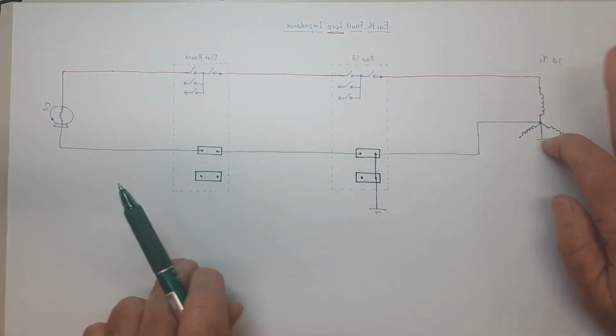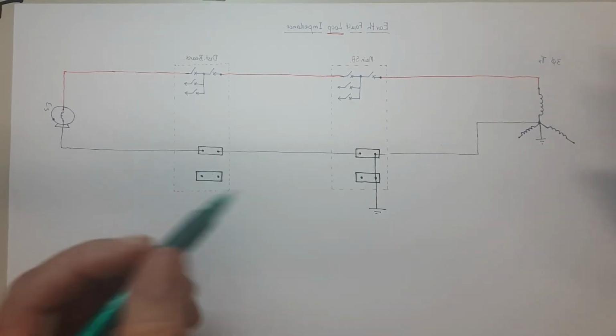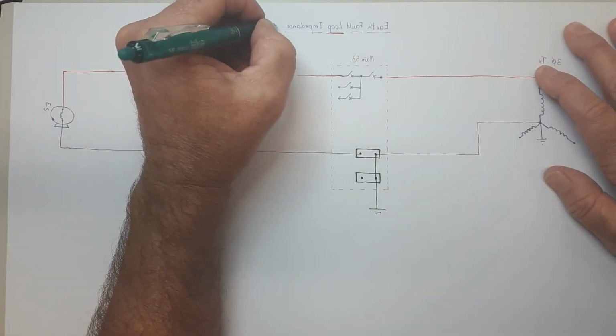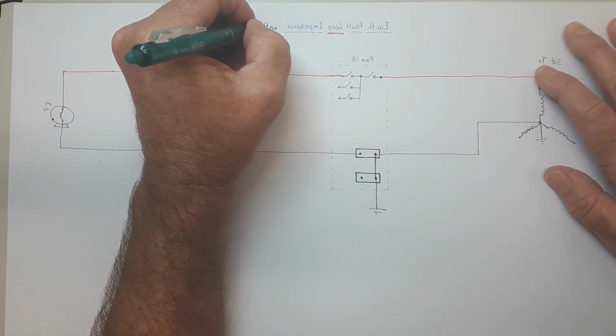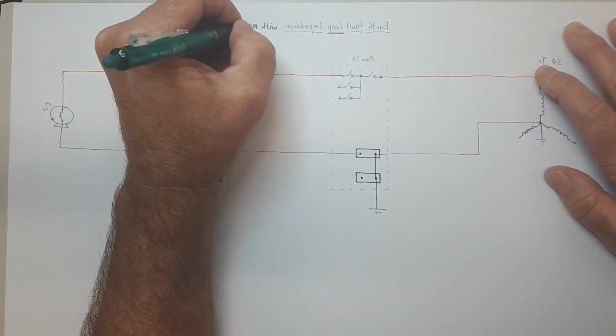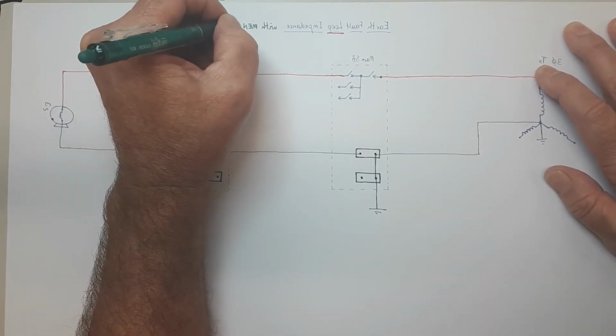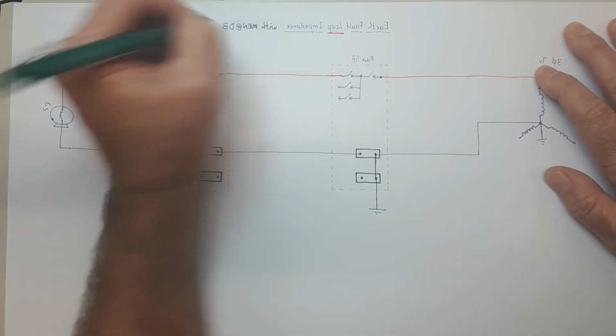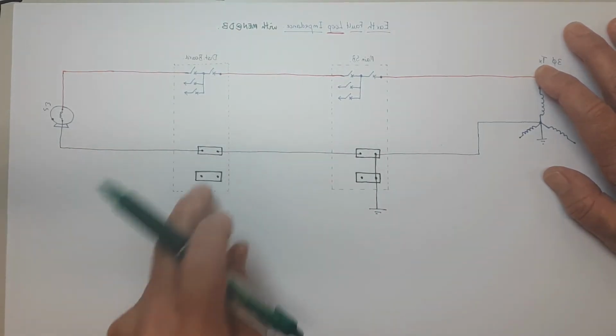And now we can decide. We'll put an MEN in at the distribution board, so we won't run an earth with it.